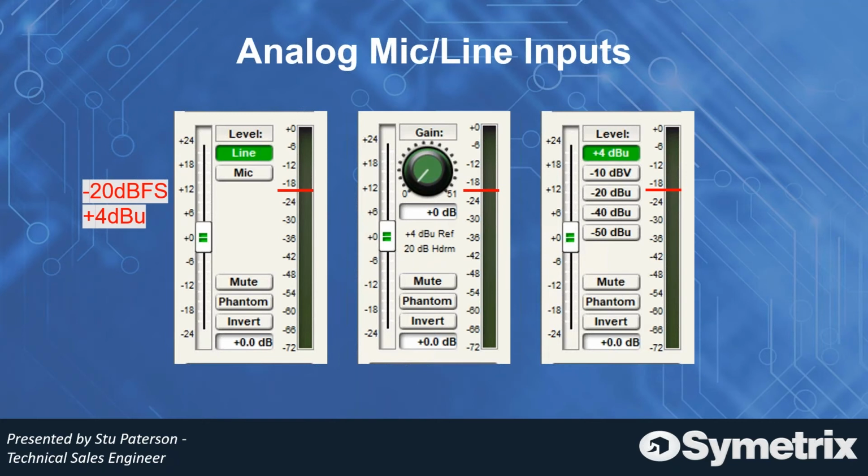So we want our inputs, on average, hitting -20 dBFS for maximum gain structure and signal transfer throughout the rest of the program chain. If it's too low, then we're turning things up and we don't have a lot of gain control.